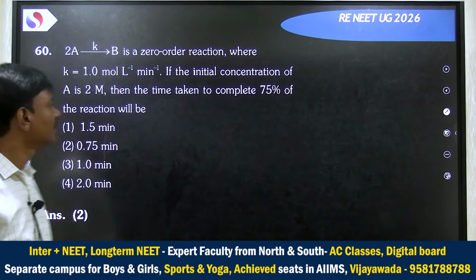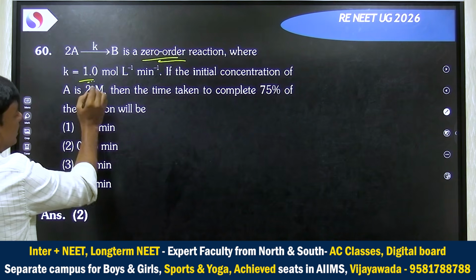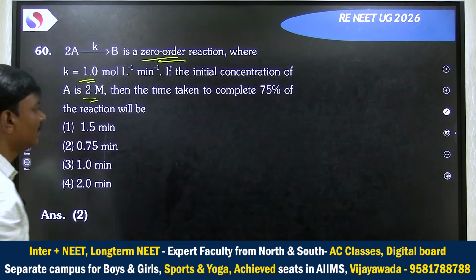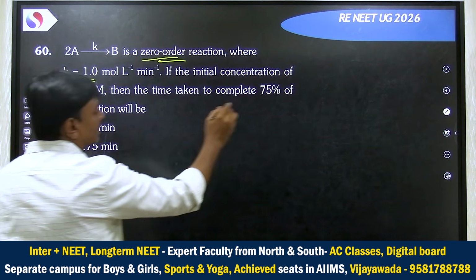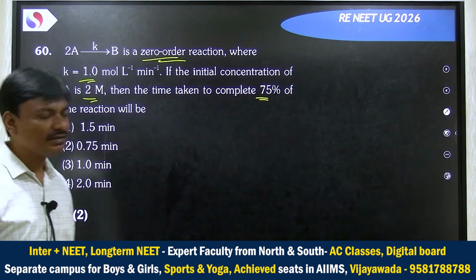Next one is 60. Here 2A gives rise to B is a 0 order reaction, K equal to 1 mole per liter per minute. The initial concentration of A is 2 molar. The time taken to complete 75% of the reaction will be? Okay. It is from the kinetics chapter.